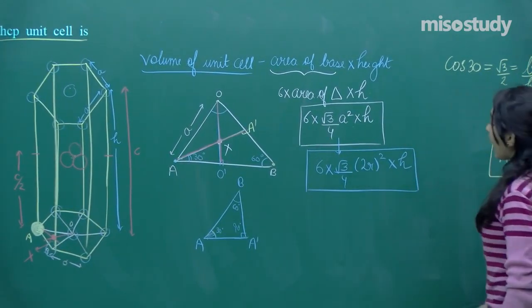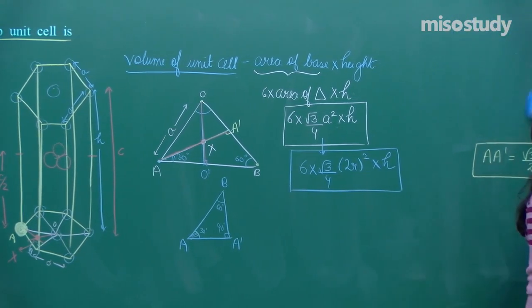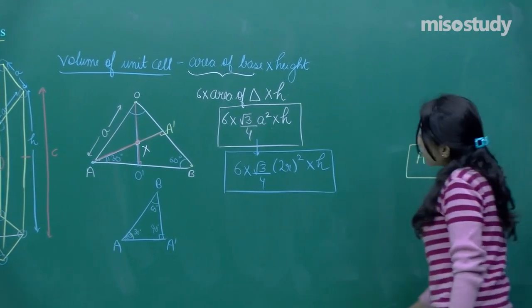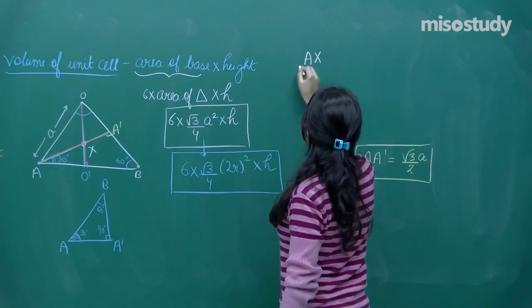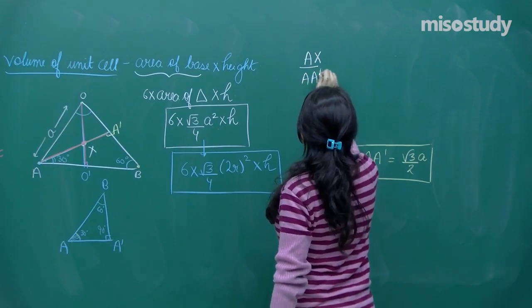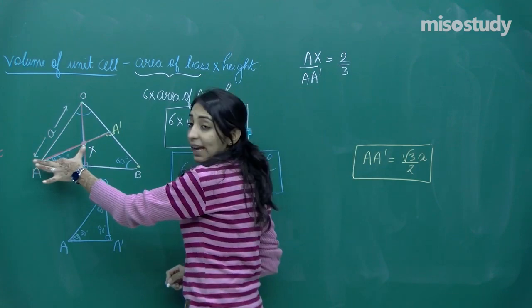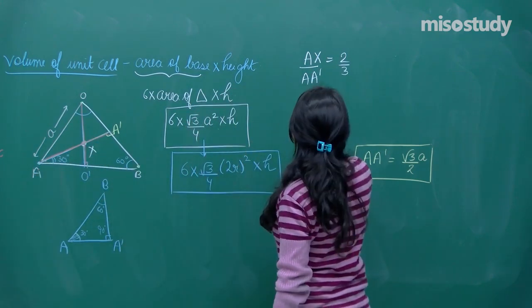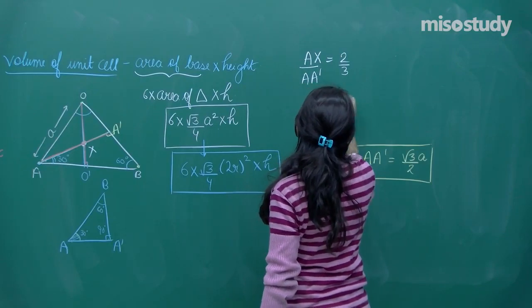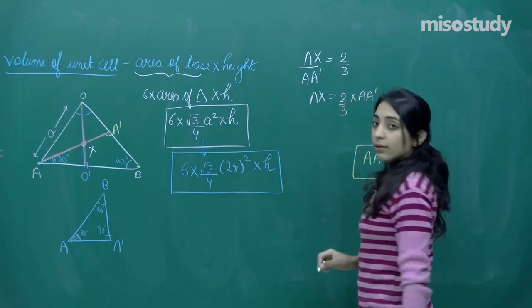Let me remove this. So I can simply say that AX divided by AA dash is in the ratio 2:3. That means the value of AX divided by AA dash is 2/3. I don't know what is the value of AX. This is equal to 2/3 into AA dash. Fine.